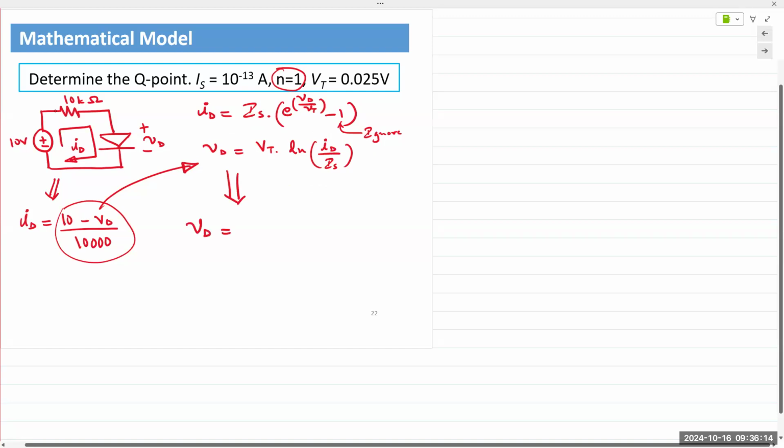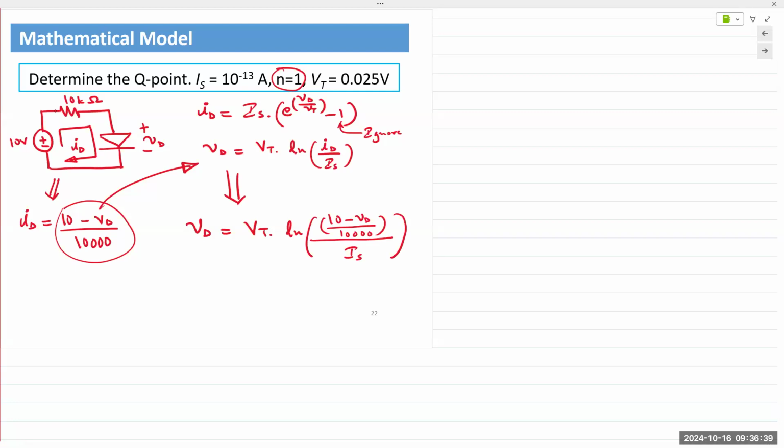We have VD, VT times ln, natural log of ID over IS, and then ID is now replaced with (10 minus VD) over 10,000, divided by IS. Does it make sense now?